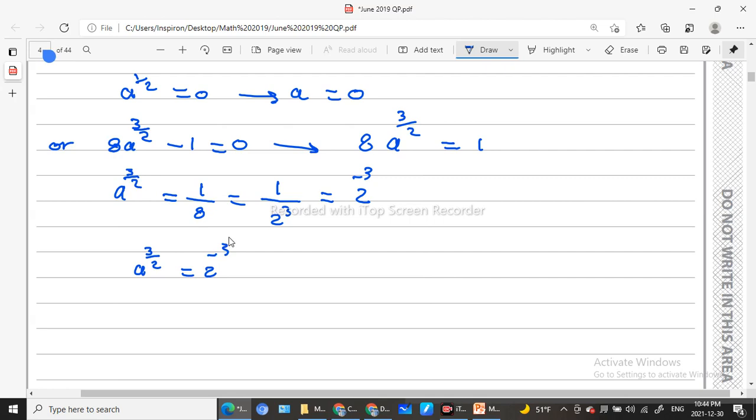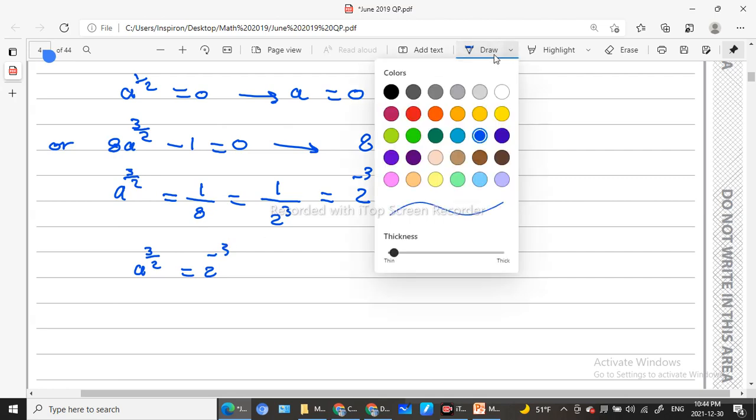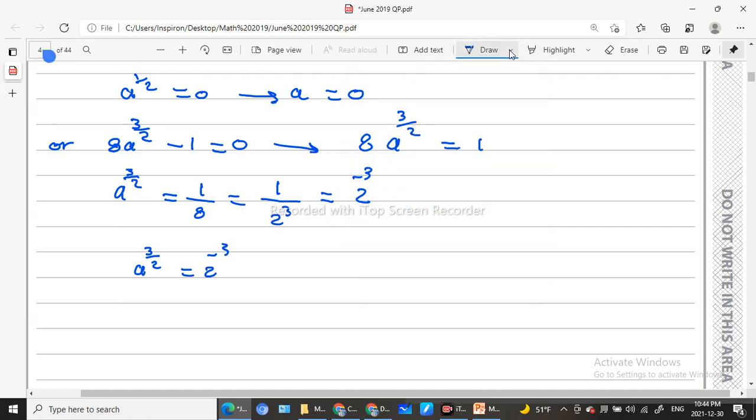Now taking the cube root of both sides, the cube root of a to power 3 over 2 is a to the half.